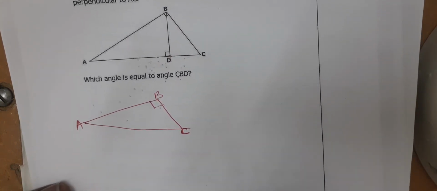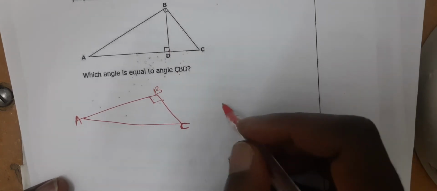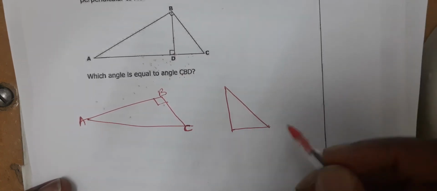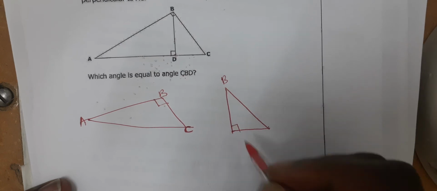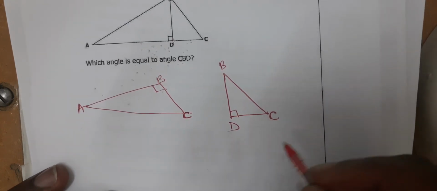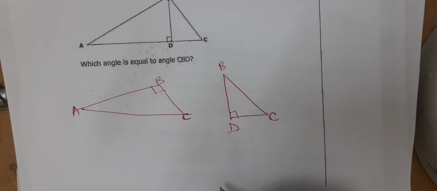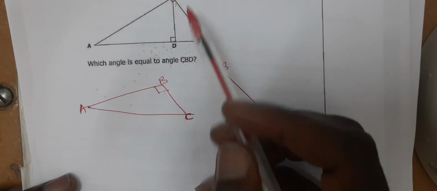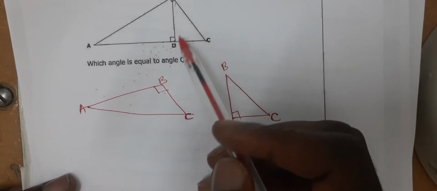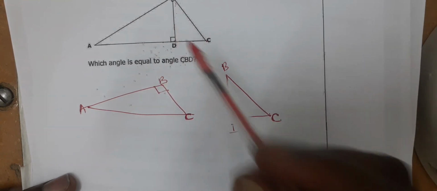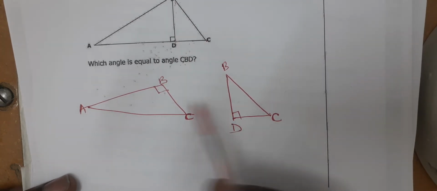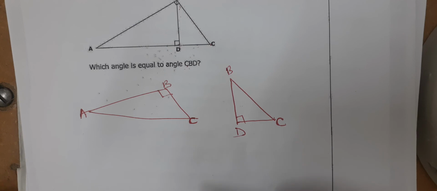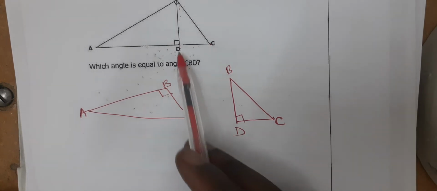Okay, so now it's like we have another triangle, which has B here and D here, then we have C, isn't it? So we are looking at this smaller angle here, CBD. Which angle is equal to this one, when we are looking at these two as similar triangles?